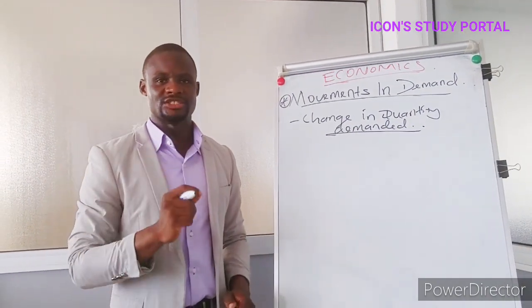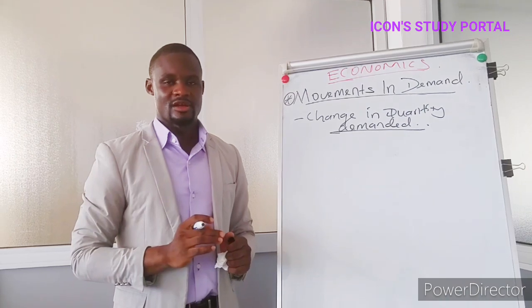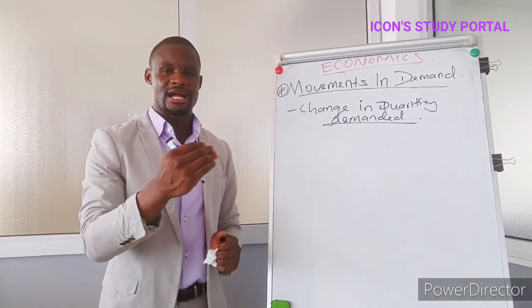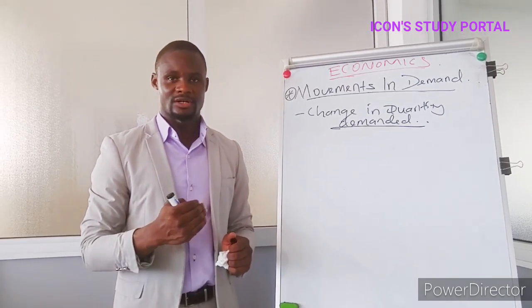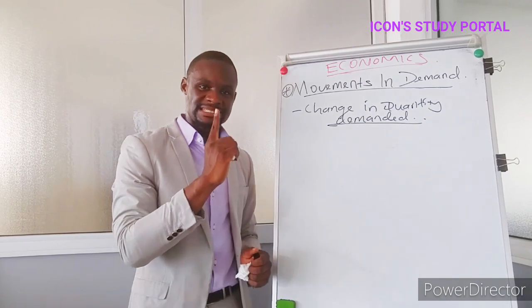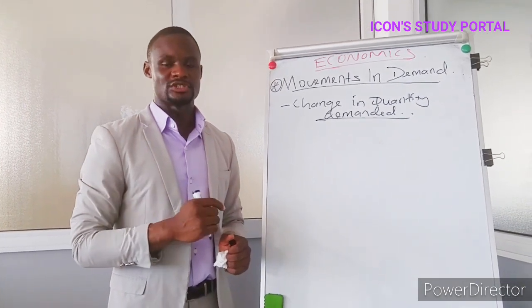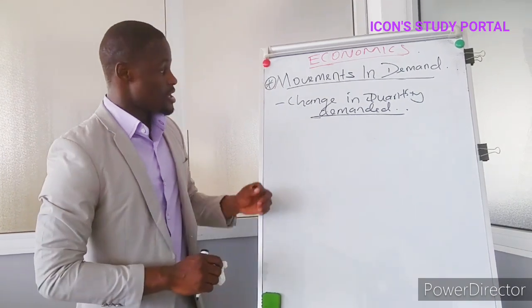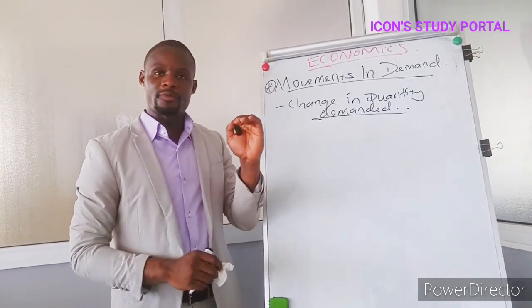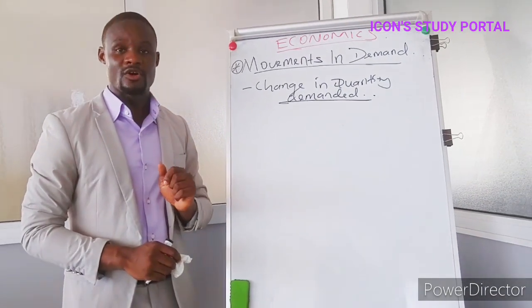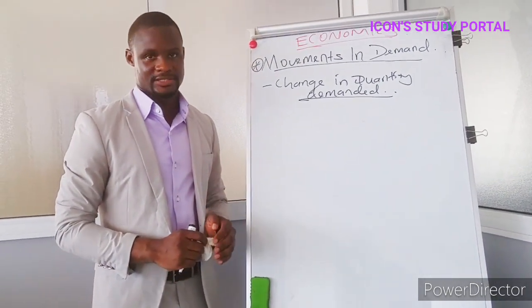Now, what is a change in quantity demanded? A change in quantity demanded is the upward or downward movement of the same demand curve, which is caused by changes in price.